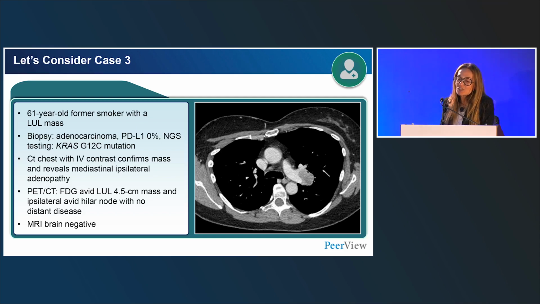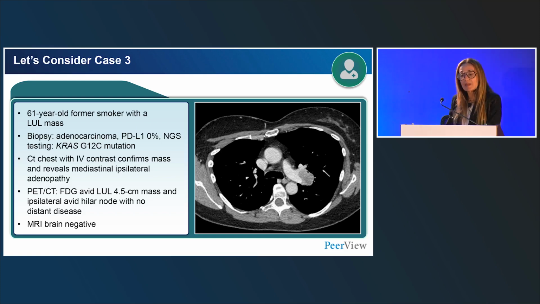You can see the CT chest with IV contrast at baseline that confirmed this left upper lobe malignancy, and also there was some concern for potential mediastinal and hilar adenopathy.